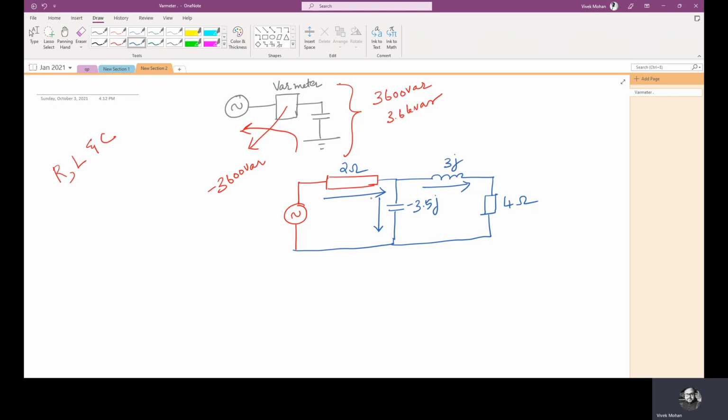Now here the two resistors absorb active power. I have R1 as 2 ohms and R2 as 4 ohms.